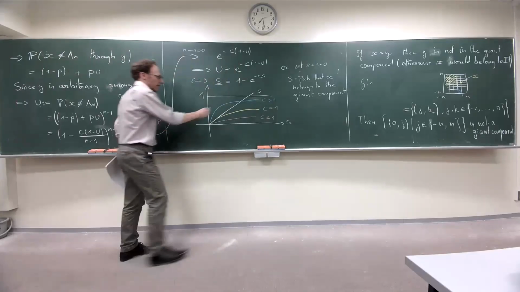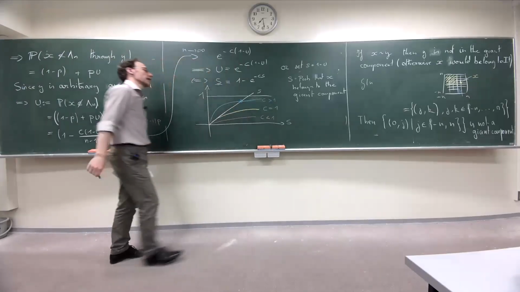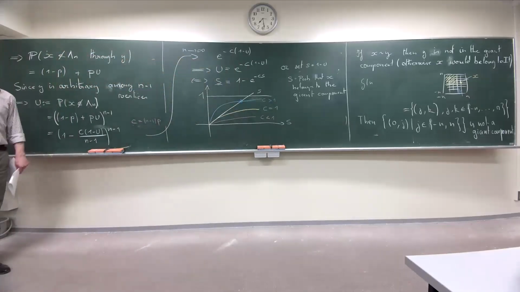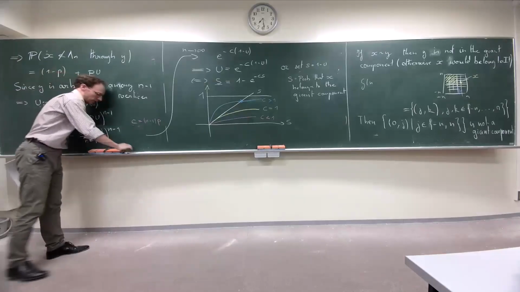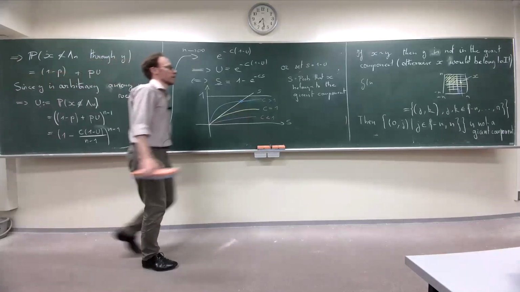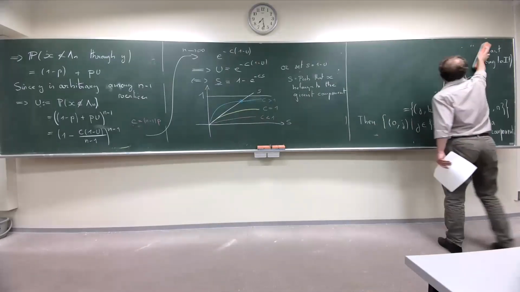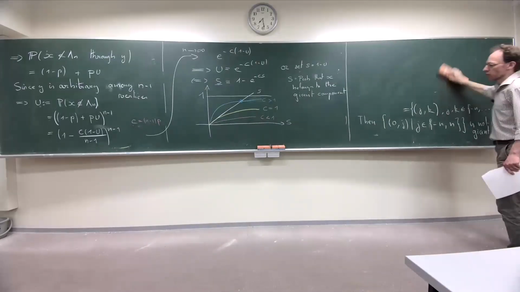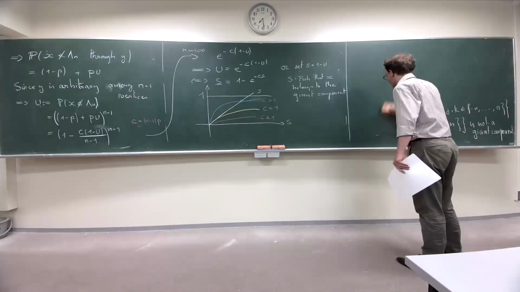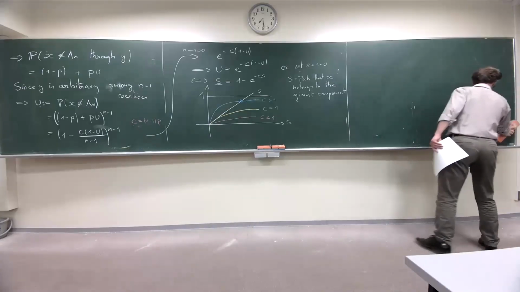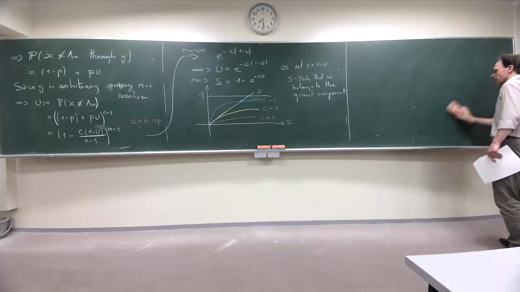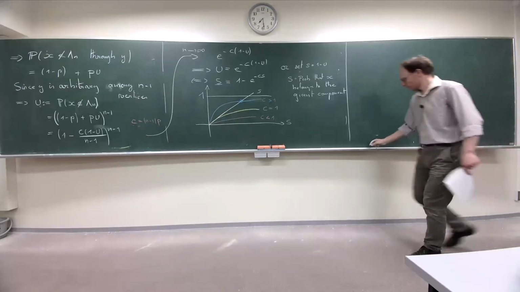So let's look at this. When C is bigger than 1, we have one solution of this equation. So it means we have the existence of a giant component. And what is the probability of this giant component? It's given by the value of the intersection, by the value here.